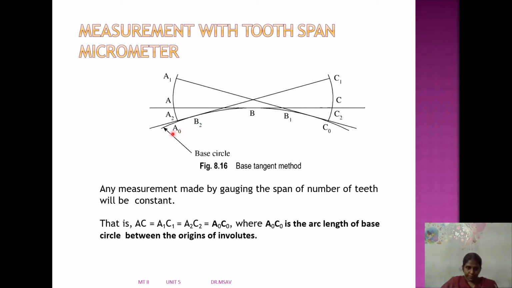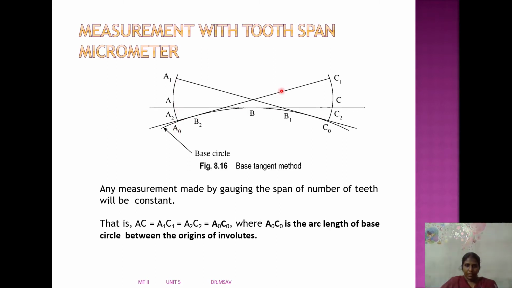A0 C0, A1 C1, A2 C2 are all equal, where A0 C0 is the arc length of the base circle.